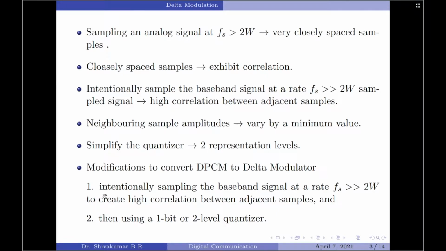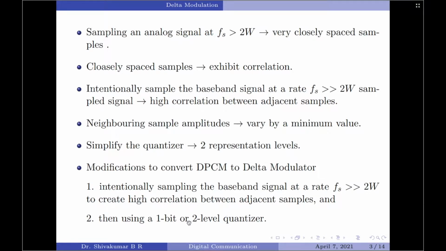So, the modifications that are required to convert a DPCM system into a delta modulator are as follows. First is intentionally sampling the baseband signal at a rate Fs much greater than the Nyquist rate, that is 2W. This will create very high correlation between adjacent samples. Second, instead of using an n-bit quantizer, the delta modulator uses a 1-bit or simply 2-level quantizer.